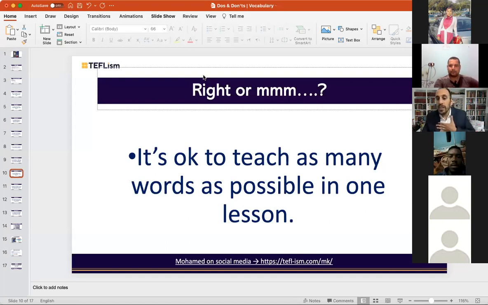I actually feel for the teachers who need to finish a specific part of the book in a certain time. I feel for you. You can speak with the manager, of course gently, don't lose your job. But there are some problems we can't solve. So maybe the responsible people in the government need to lessen the number of words in each lesson.